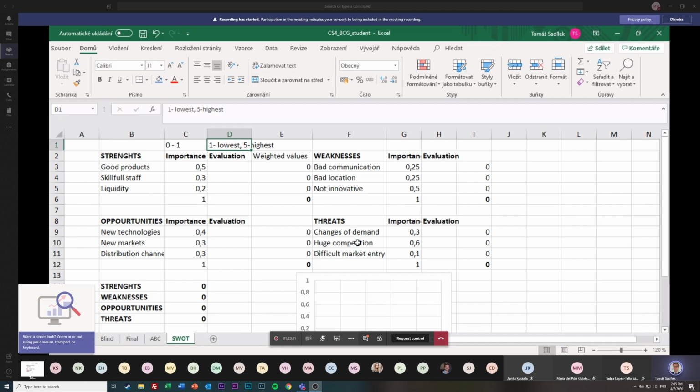So put the evaluation with a minus. If there is a bad location, it's an important factor, so I put there a -4. For bad communication, a -2, for instance. Not innovative, -3. Changes of demand, it's quite relevant, -4. Huge competition, -4, and difficulty of market entry, -1.